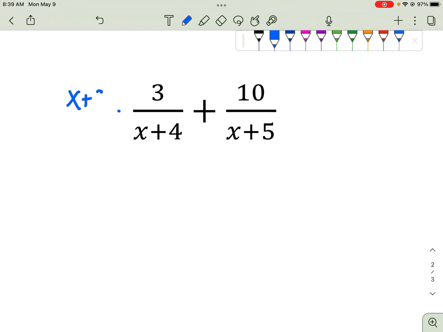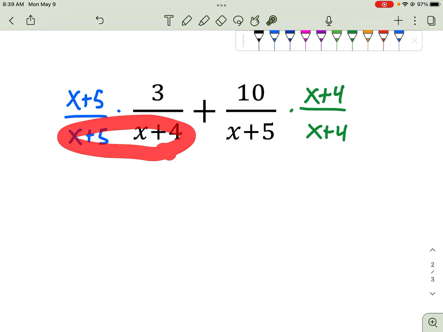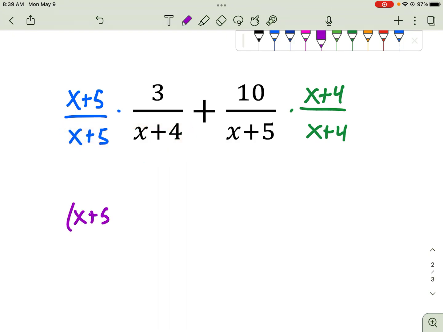So we multiply this by x plus 5 on top and bottom, and multiply this by x plus 4 on top and bottom. Now the nice part is we don't actually have to do anything here. We just keep that in factored form. So it's x plus 5 times x plus 4 on the bottom.